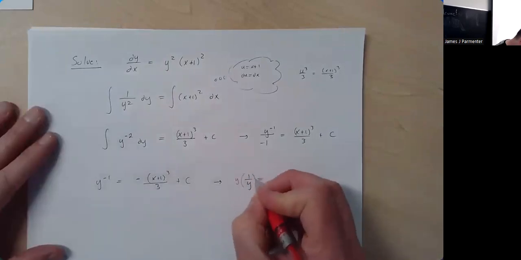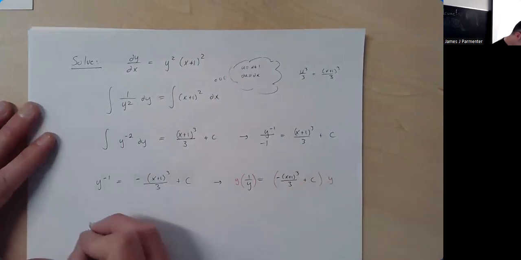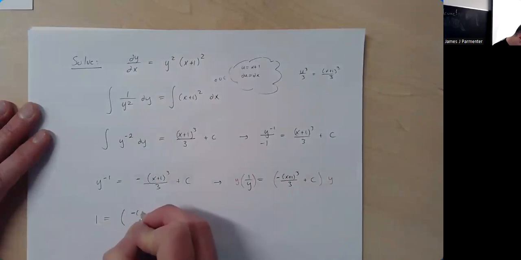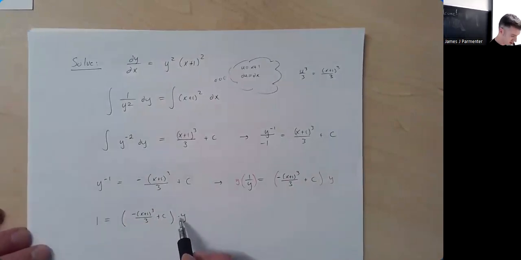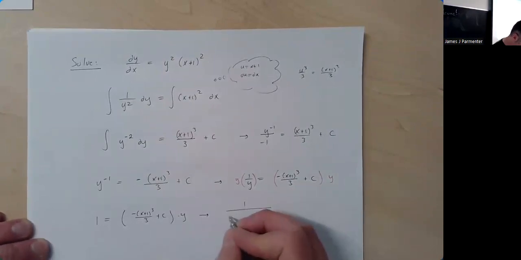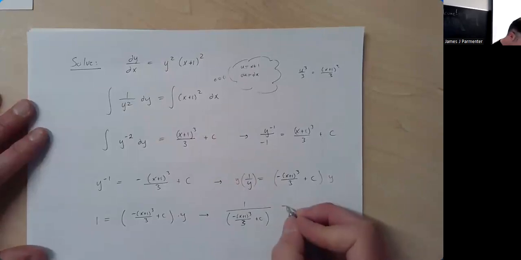Then we have 1 equal to negative x plus 1 cubed over 3 plus c, times y. Then to isolate y, we divide everything by the stuff that's multiplying y. So we get 1 over negative x plus 1 cubed over 3 plus c. I don't really need parentheses there, but I wrote them anyway.